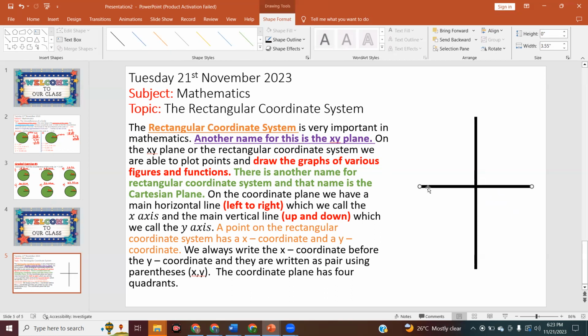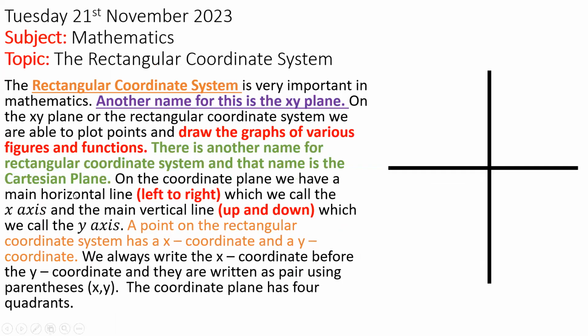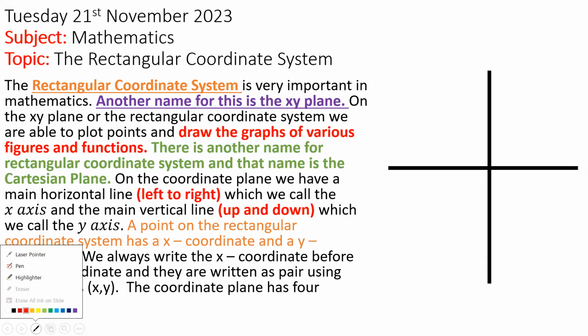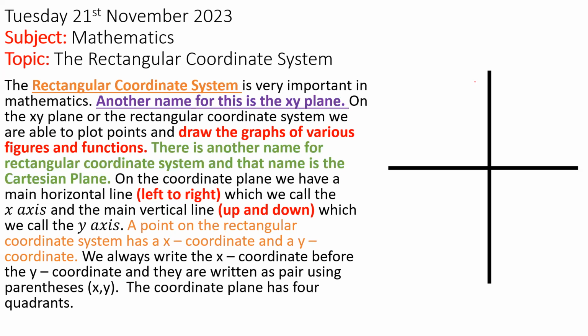All right. So this is the rectangular coordinate system. Which one is the x-axis? Which one is the y-axis? The vertical line is the y-axis and the horizontal line is the x-axis. So this one right here, is this the y or x? That would be the y. Y-axis, very good.